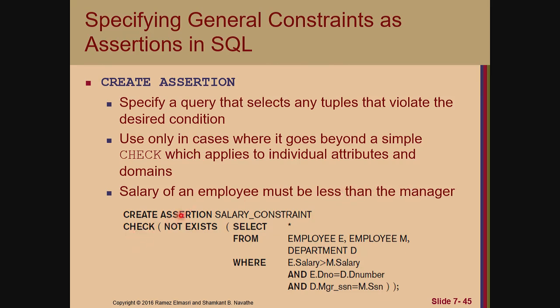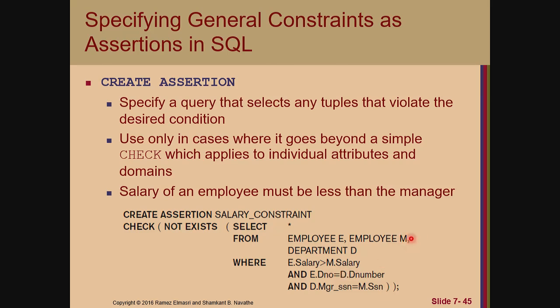So we create an assertion named salary constraint. Okay, this is the name of the assertion, and the detail is to check not exists. This means this clause should return true or false, right? Check what? Check using select star, everything, from three tables, and check where the salary of the employee is more than the salary of M. Who is M?